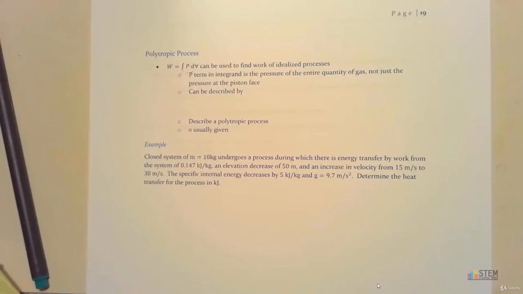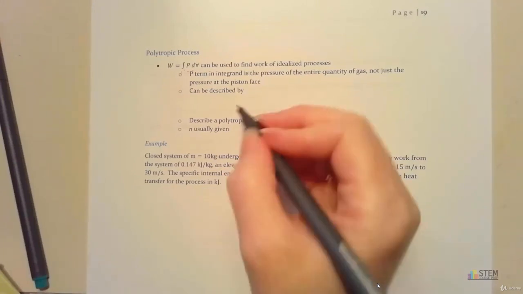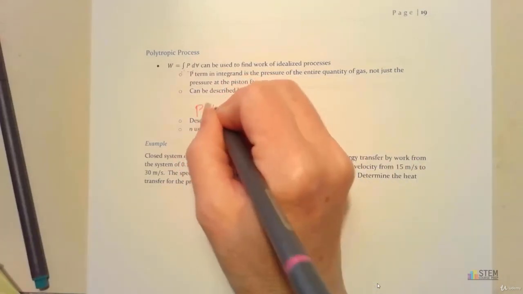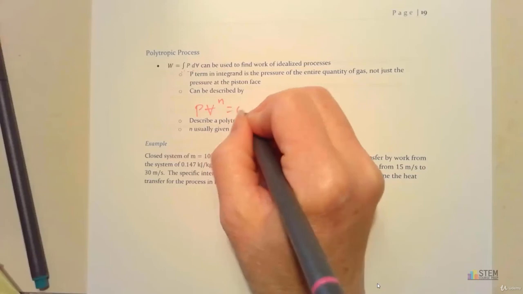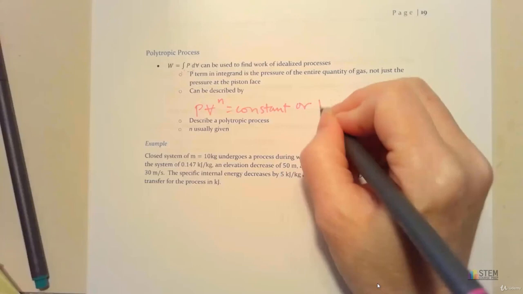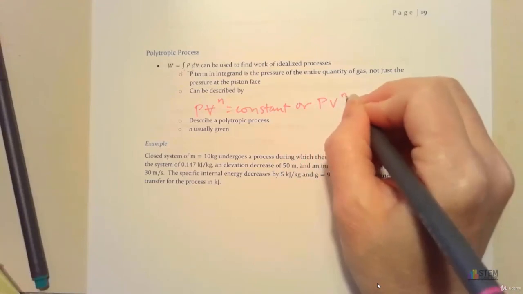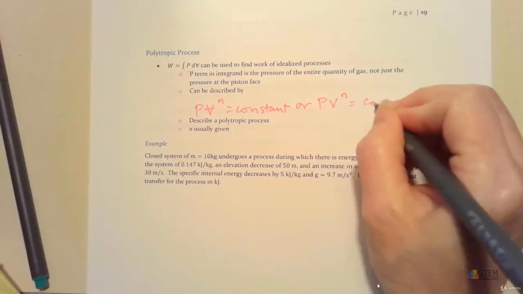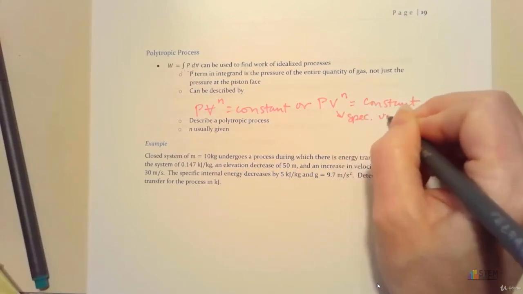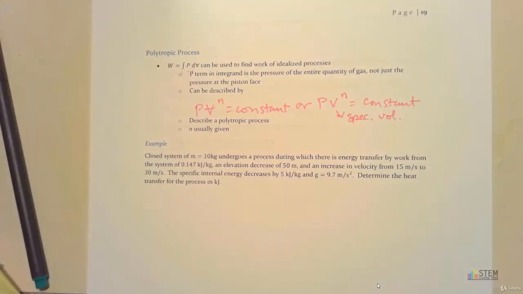Okay, so this type of process can be described by PV raised to the nth power equals a constant. Or we could have pressure times the specific volume to the power of n equals a constant. So let's write that that's specific volume. These two equations are going to describe a polytropic process, and n is usually going to be given.